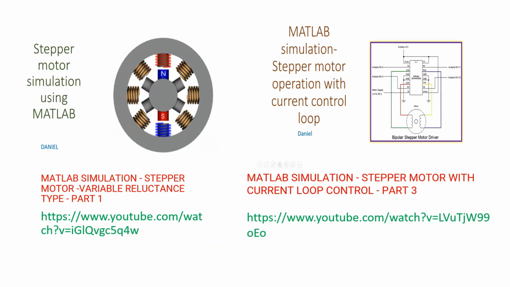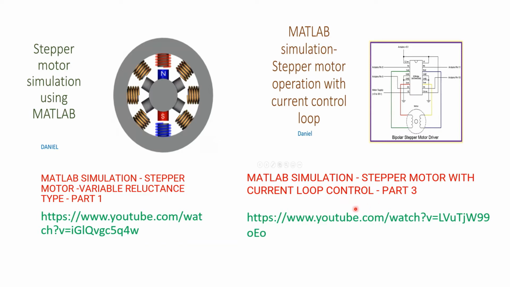Dear viewers, I have explained the simulation of the three-phase variable reluctance stepper motor in my part 1 video, and in the part 3 video I explained the current control loop, how to use the current control loop to control the current in the stepper motor. So in this video I'm going to use the same MATLAB file, to save your time.